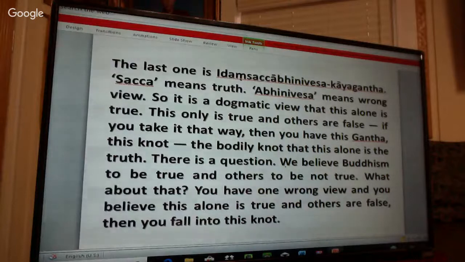So there's a question. What about if we believe Buddhism to be true and others are not true? You have one wrong view, and you believe that alone is true and others are false. So they fall into that knot.